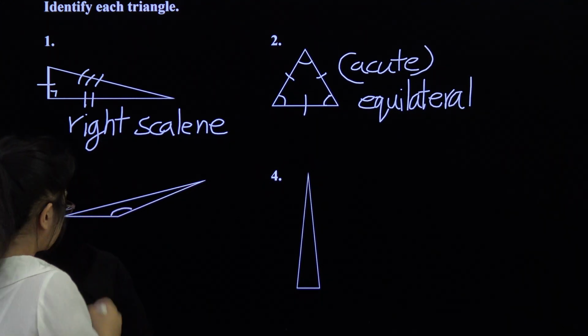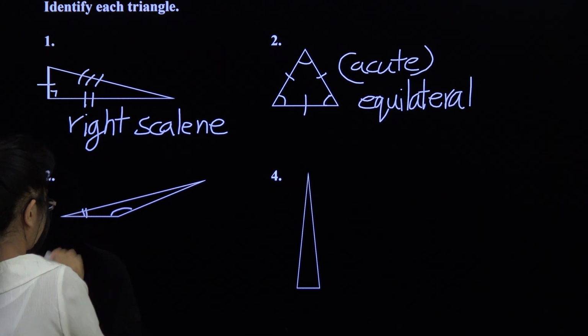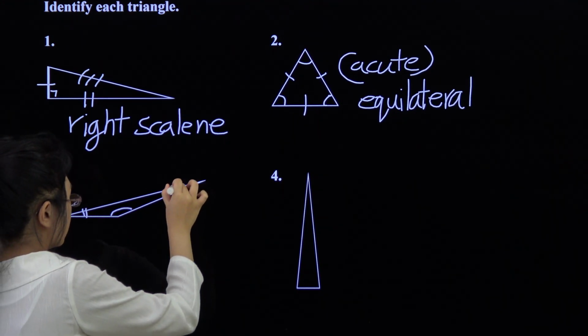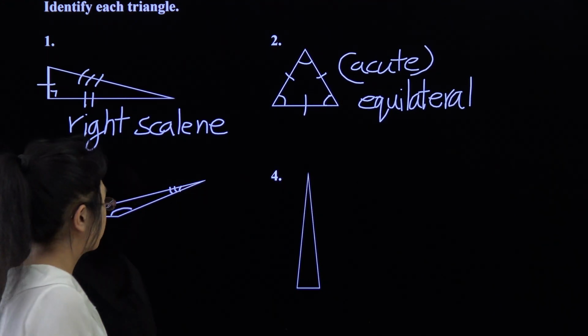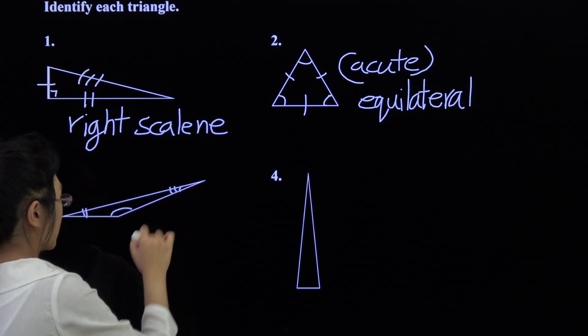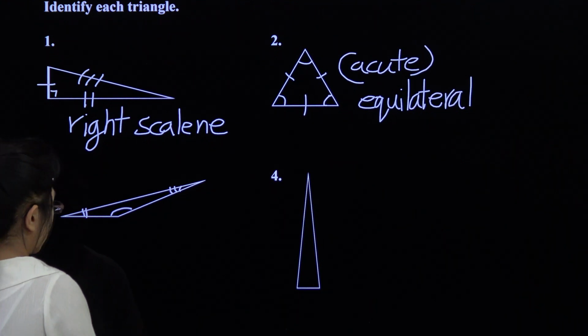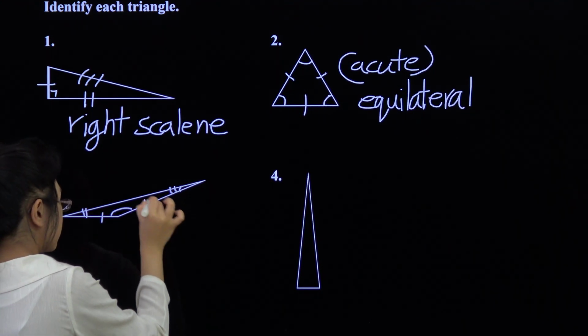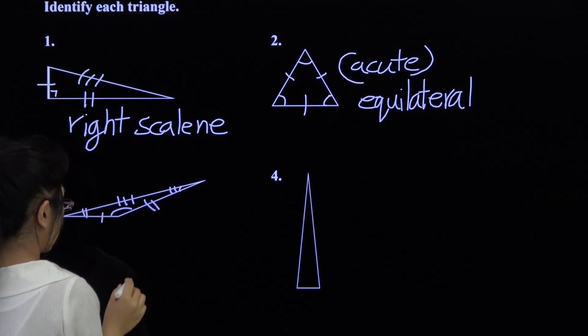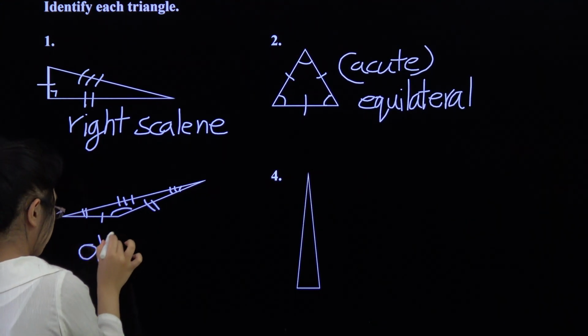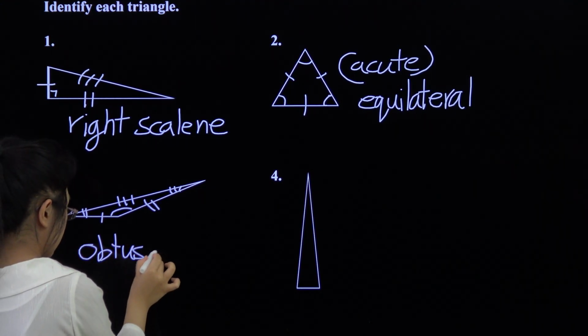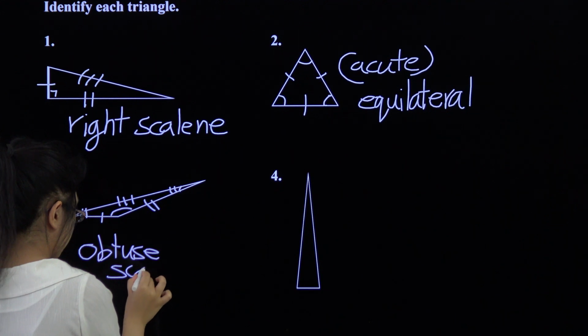Here's how you label angles. It's still the number of marks. I know that I've drawn slightly out of the triangle, but hey, this is small, okay? Anyhow. So this is obtuse scalene.